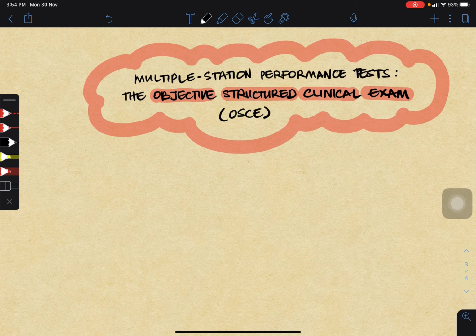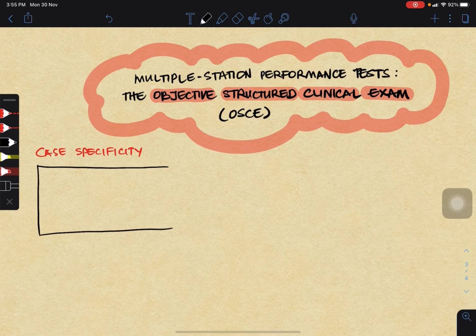Now, to start off, the OSCE and how it came about, if you can recall our discussion regarding case specificity. We discussed this sometime before, where in the universe of a student's competency, let's say his cognitive or his knowledge, right?